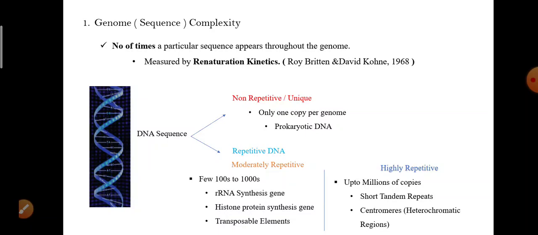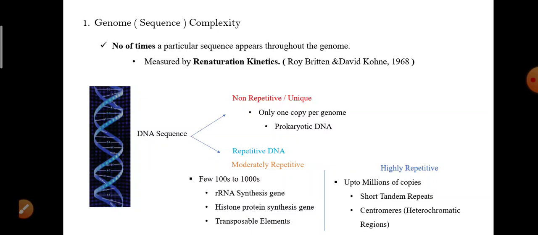Another is the histone protein synthesis genes, which help after DNA replication in the wrapping of DNA and forming the chromosome. And another is the transposable elements. And highly repetitive DNA, repeated up to millions of times, is actually short tandem repeats. You can find it in the centromeric region, the heterochromatic regions.